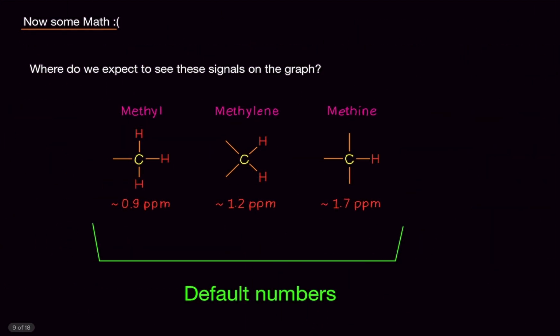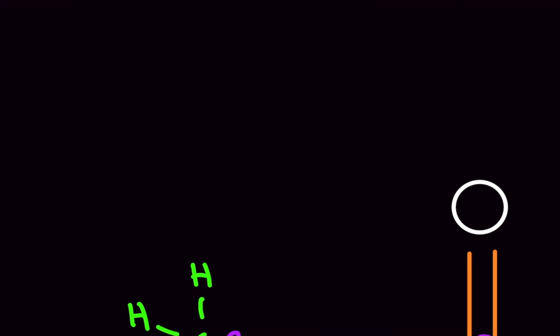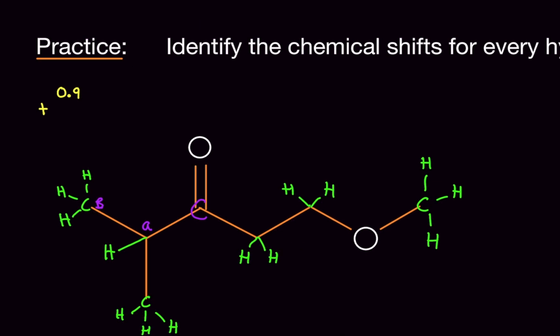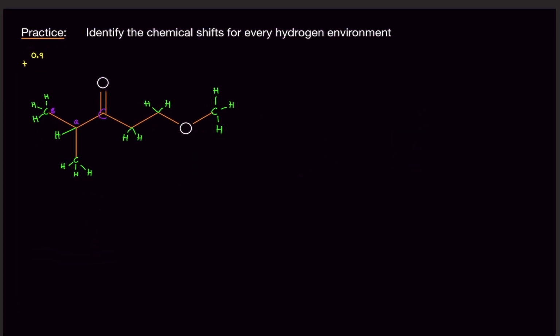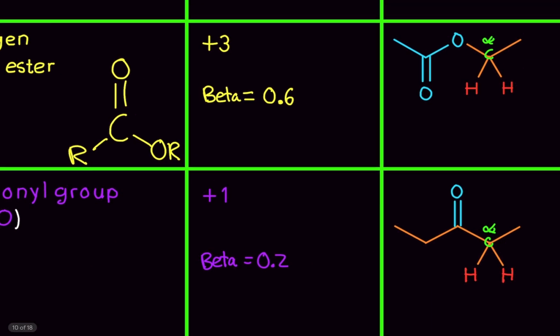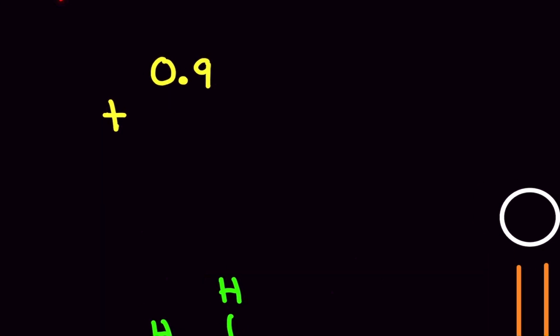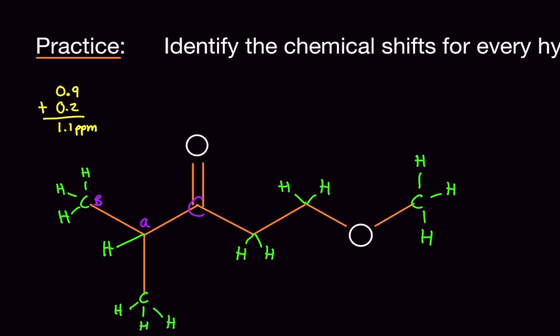Methyl groups have a number of 0.9, so you have to do some math here. 0.9 plus, now we're at a beta carbon of a carbonyl. So we're not at an alpha carbon, we're at a beta. This is the number for an alpha, this is the number for a beta, 0.2. So 1.1. We would expect to see these hydrogens at 1.1.